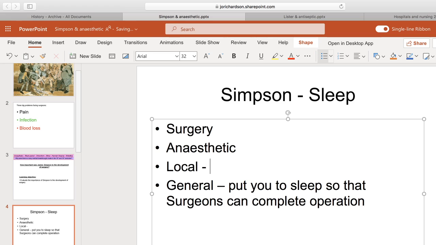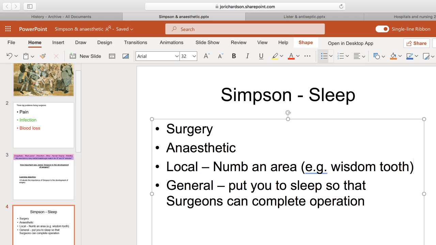A local one would numb an area, like having your tooth taken out. It just numbs the area to stop you being in pain. That's what we need to remember.